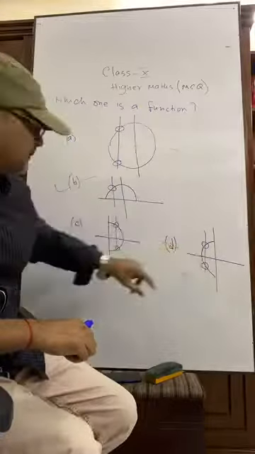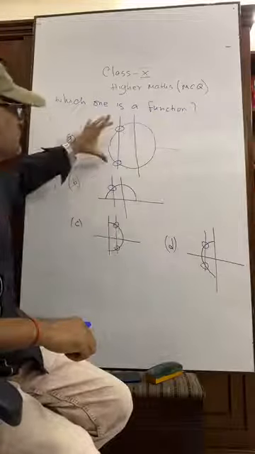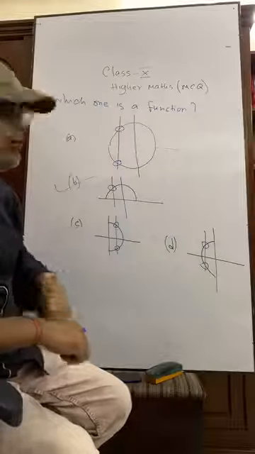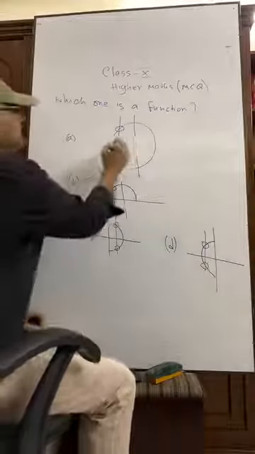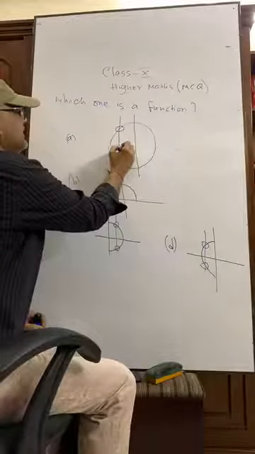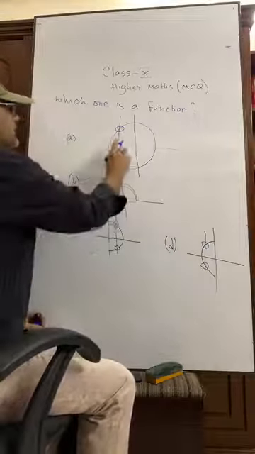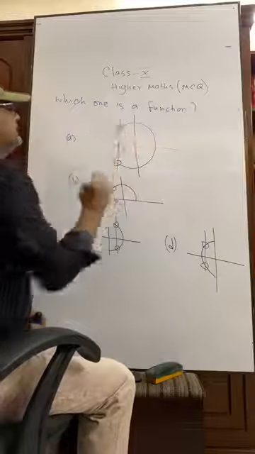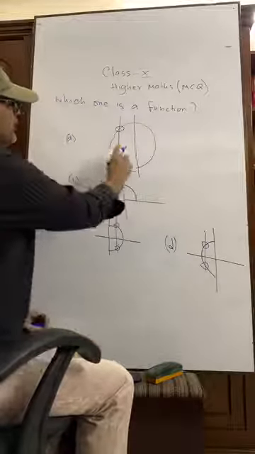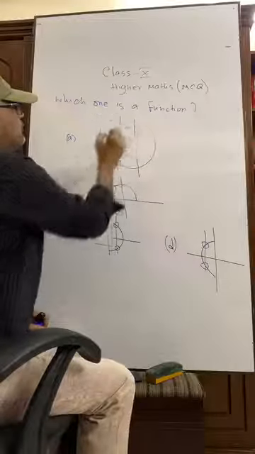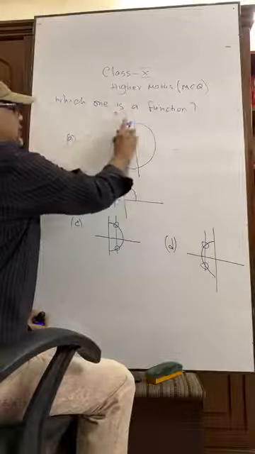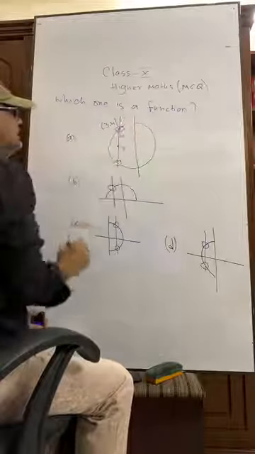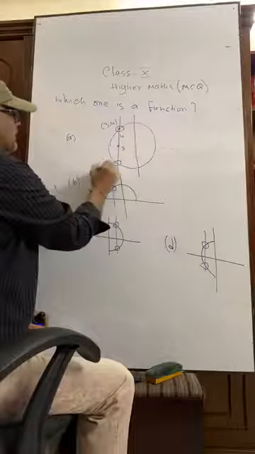What is meant by it? Suppose this is 3. So there will be another point, suppose it is 4. So this point is 3, 4. And this will be 3, minus 4.